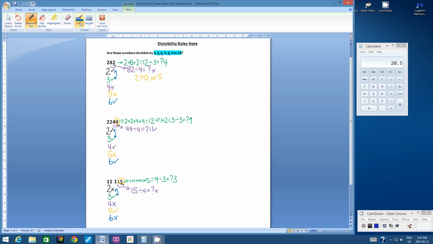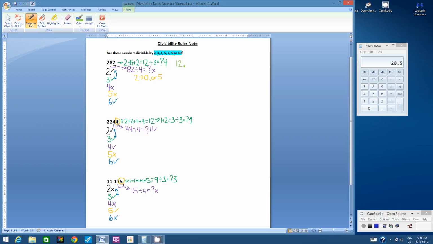Let's go on to the divisibility rule for 9. The divisibility rule for 9, I apologize, is we add up all of the numbers, and if that number is divisible by 9, then the whole number is divisible by 9. We added these numbers up already. 2 plus 8 plus 2 is 12.